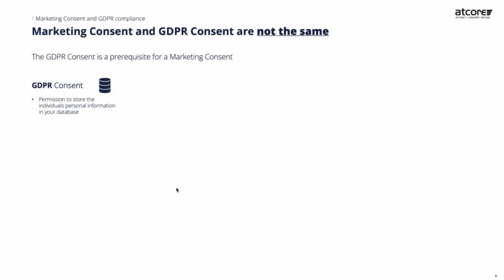So first of all, we have the GDPR consent, and the GDPR consent can be summed up as the permission to store and process personal information. So every single EU person or lead in your database should have a GDPR consent as long as you're storing the data. And then there is the marketing consent, and that is basically the permission to contact an individual through one or more marketing channels.